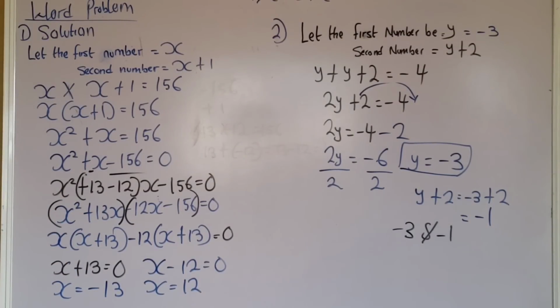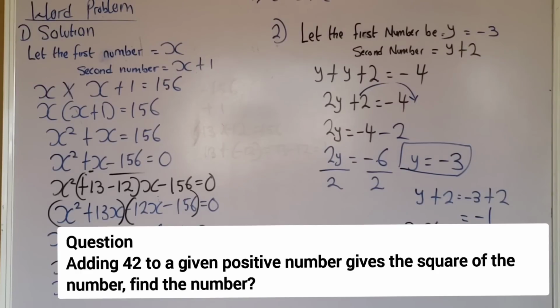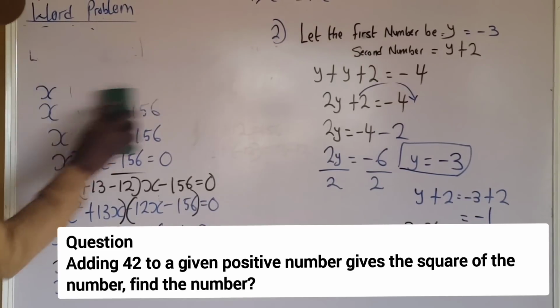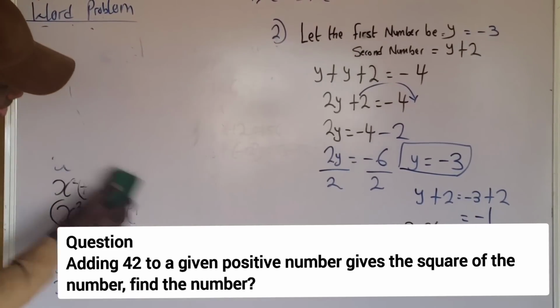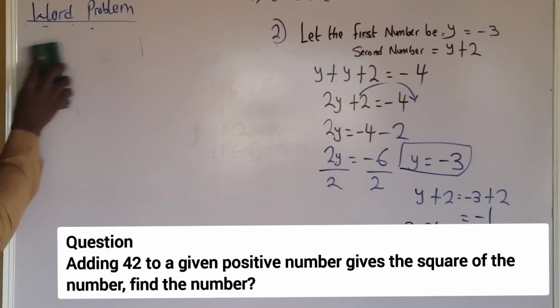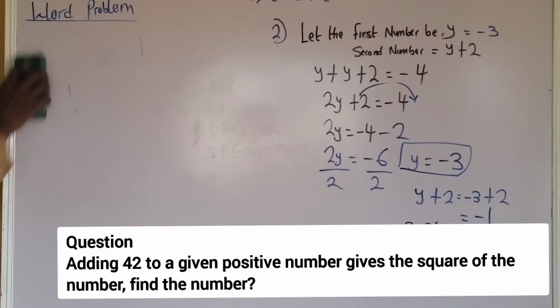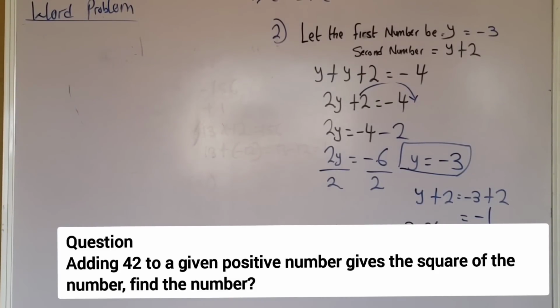Adding 42 to a given positive number gives the same result as squaring the number. Find the number. Now if you look at that question, you will discover that, let me erase this. Adding 42 to a given positive number.